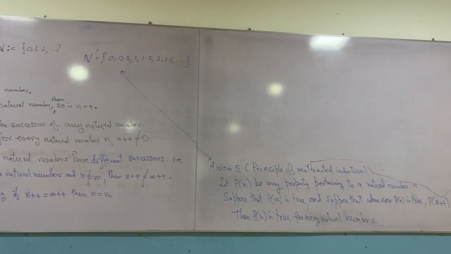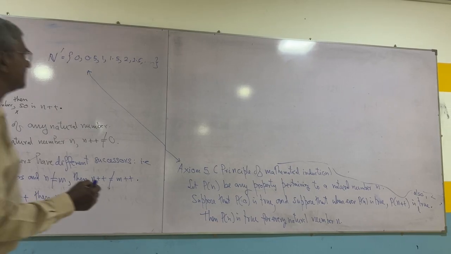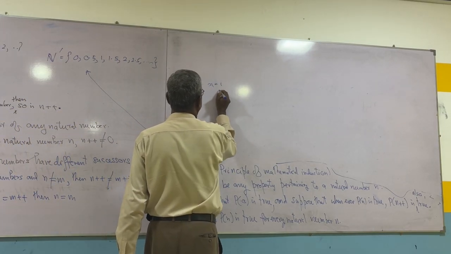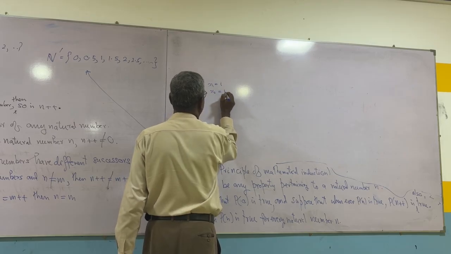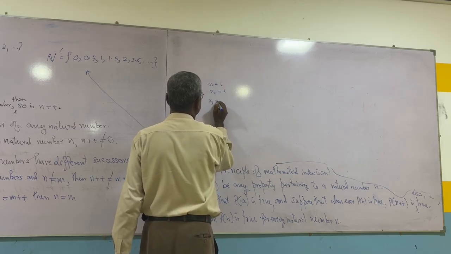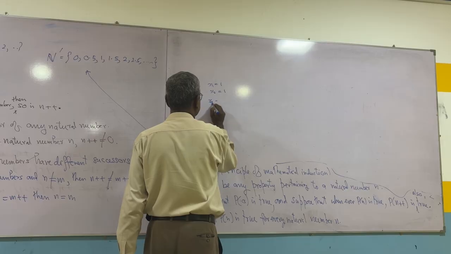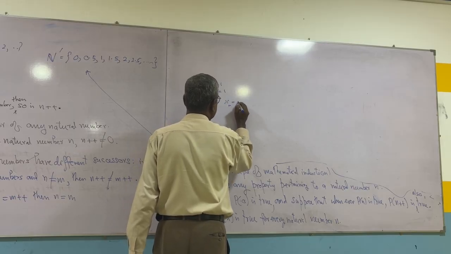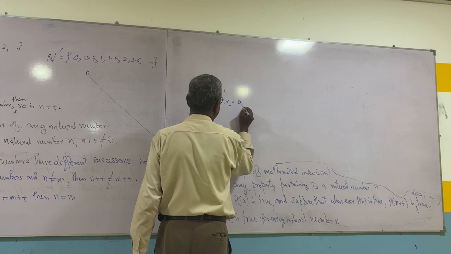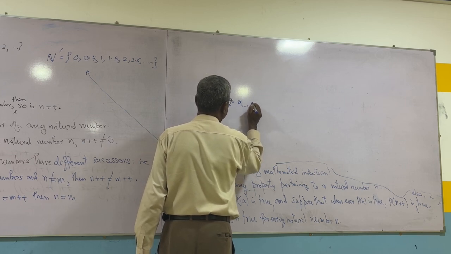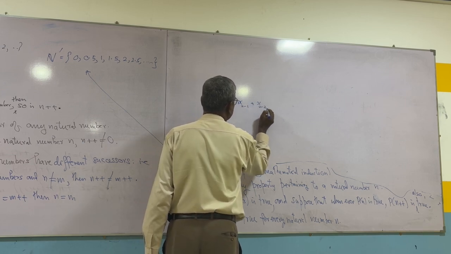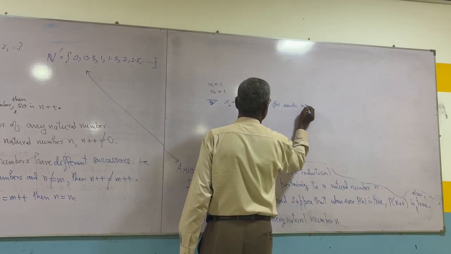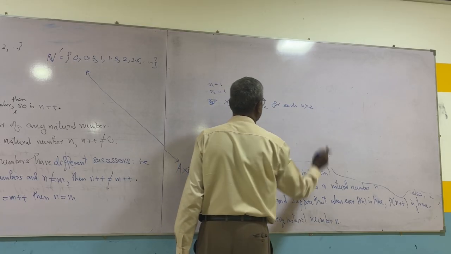Sometimes for sequences you say x1 is 1, x2 is 1, then xn is xn minus 1 plus xn minus 2 for each n greater than 2.